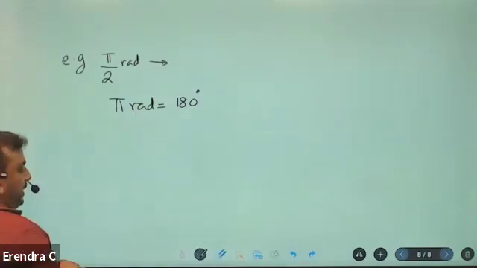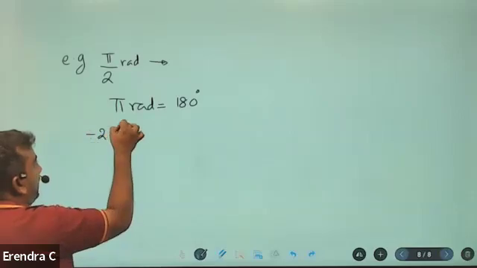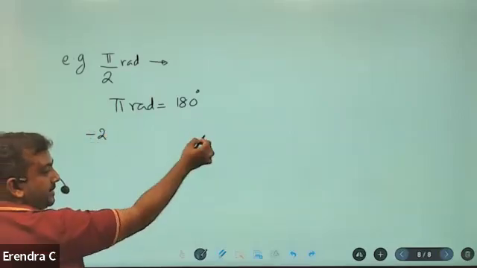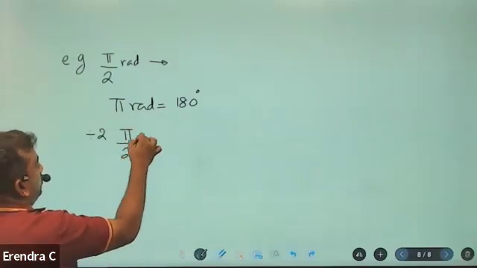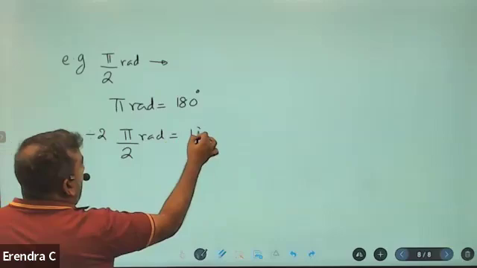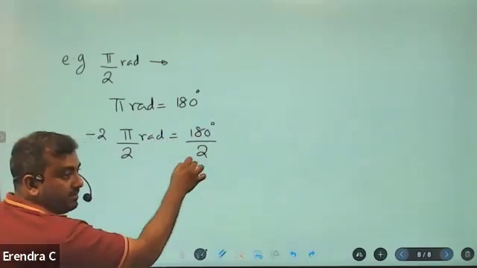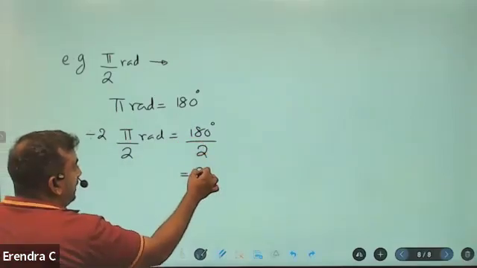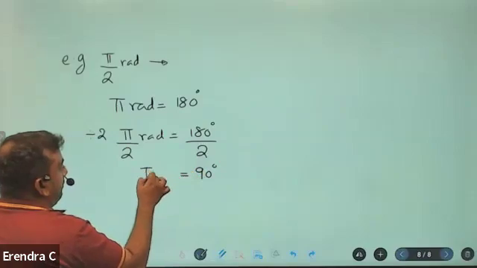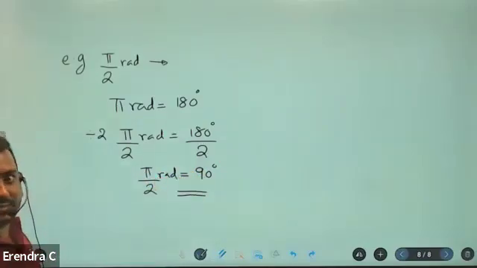So pi over 2 means this side divided by 2, O-level maths. Other side must also be divided by 2. So here pi over 2 radians, on the other side, 180 over 2. 180 over 2 means how much? 90 degrees. Pi over 2 radians is equal to 90 degrees.